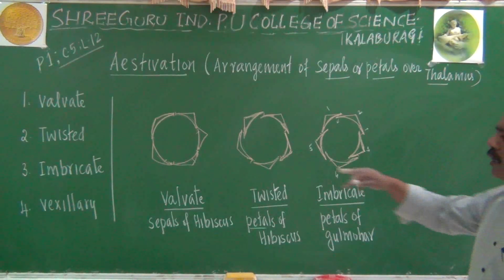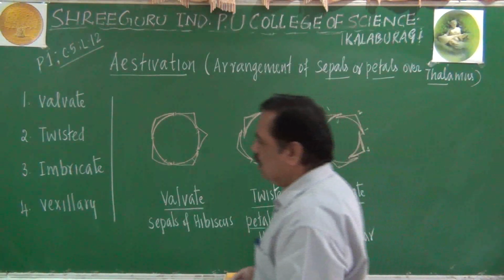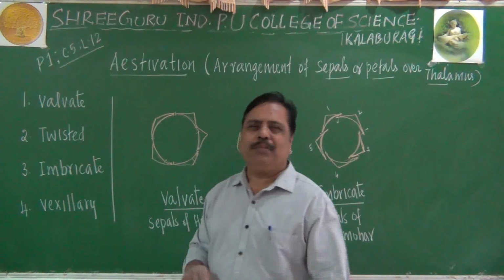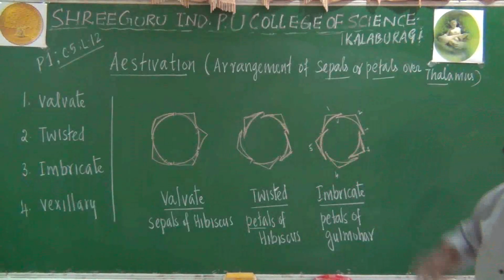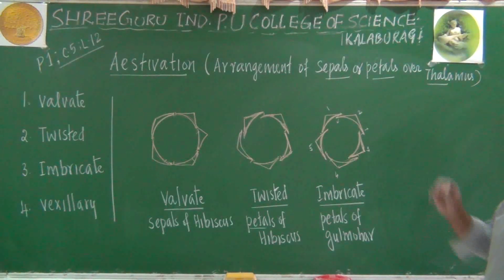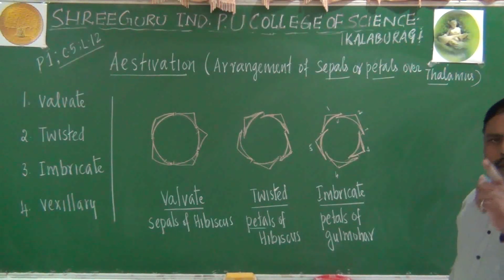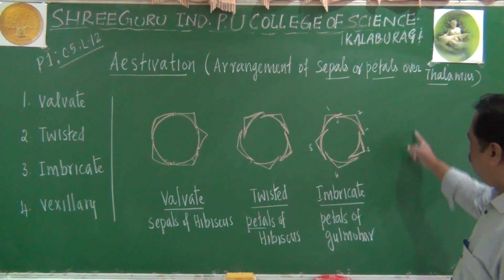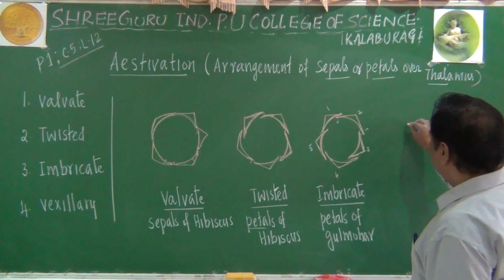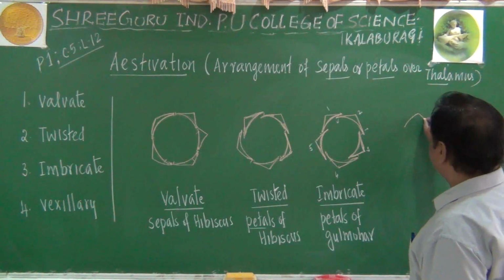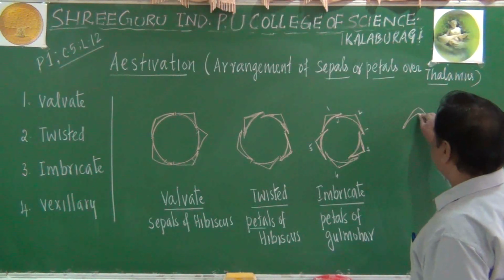Dear students, let me go to vexillary aestivation. Another important one, a special type. It is neither exhibiting any of these three types. Let us come to the next type. Here also 5 petals are there, but one of the petals will be very large and arranged like this.